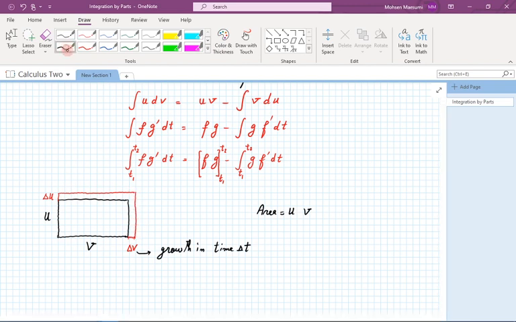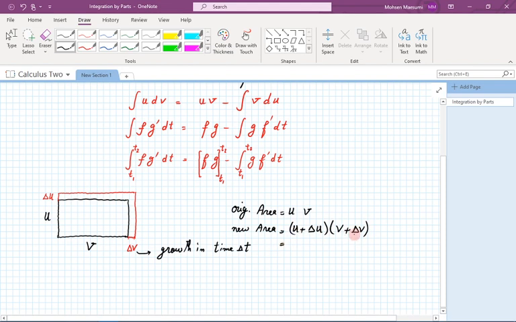So he wants to compare his old area to the new area. This was the original area, and now we have the new area, which is of course a bigger rectangle, which is u plus delta u times v plus delta v. Well, what is that?